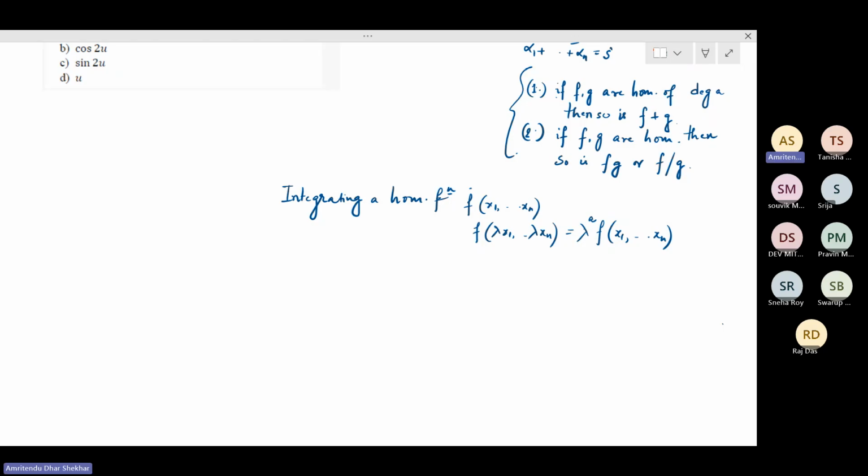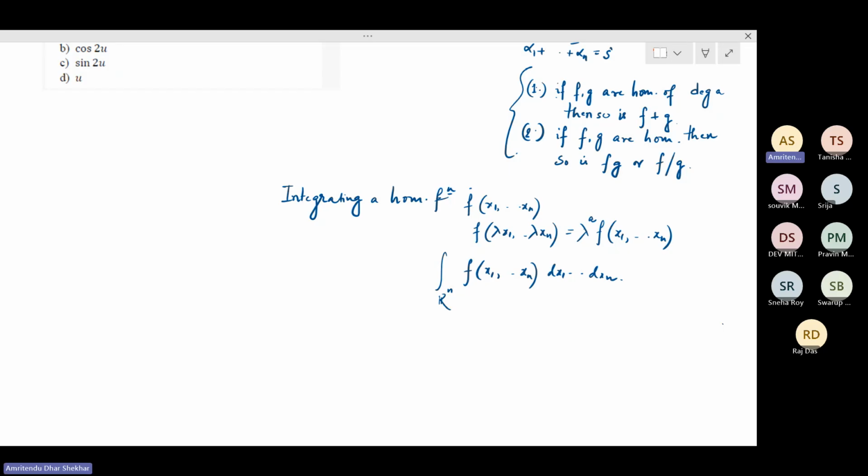Okay. So now let us look at this integral over Rn of f of x1 to xn, dx1 up to dxn.